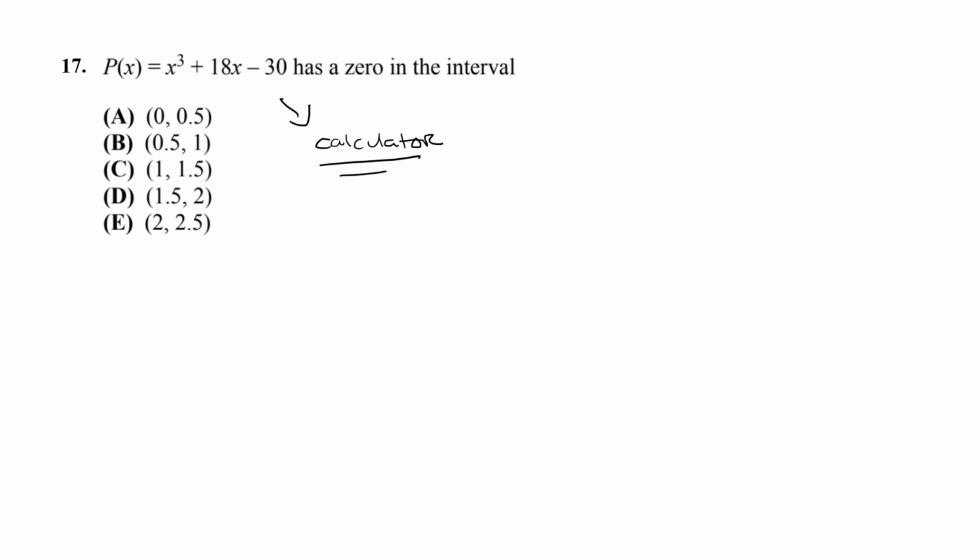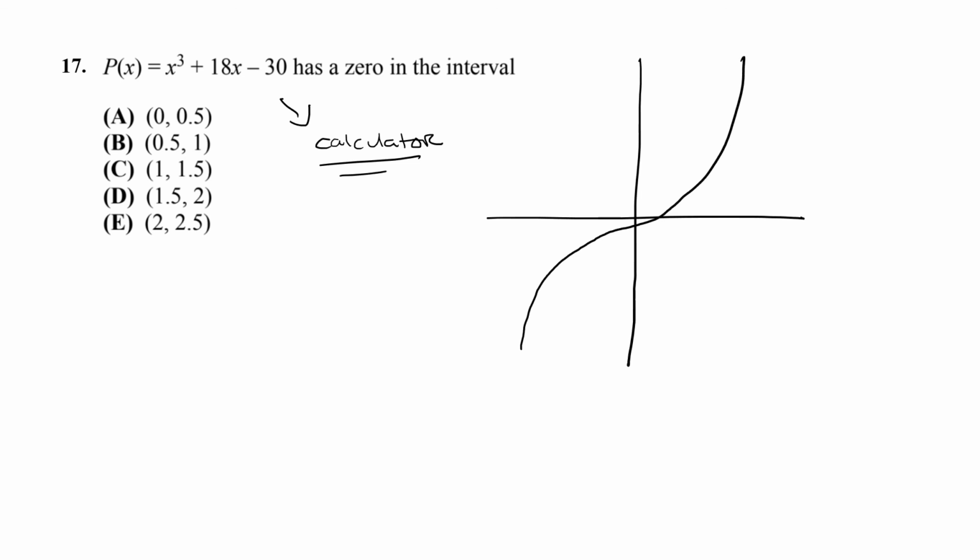So when we put that in a calculator, we get a graph that looks something like this. What's important to us is we're looking for the zeros. There could be up to 3.